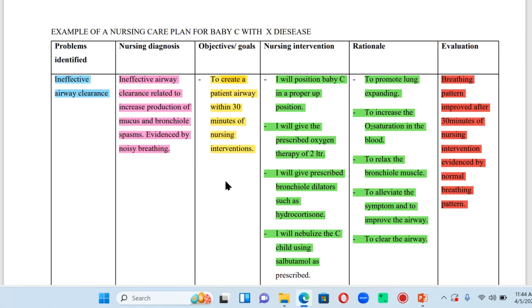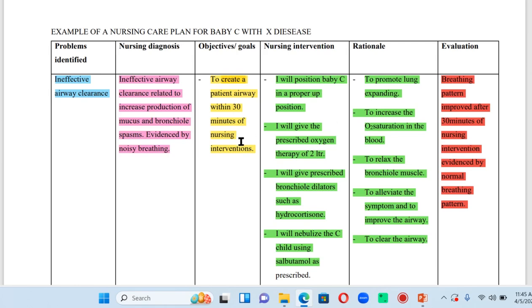Once you do this, you are going to get the full 10 marks for each problem. This part is mostly 1 mark, then here 2 marks, then here 2 marks, then here we give about 4 marks, then here 1 mark.